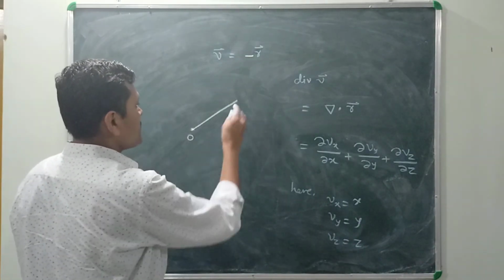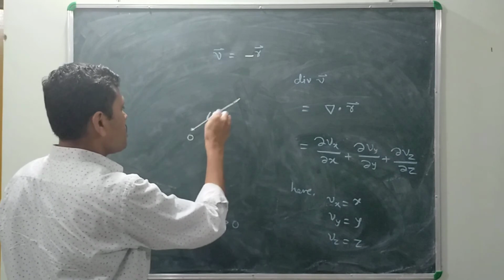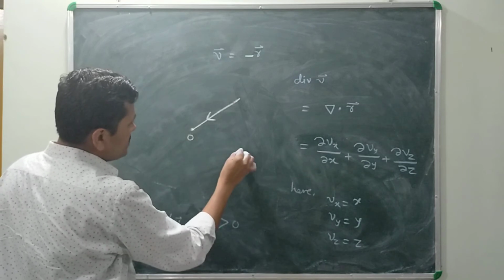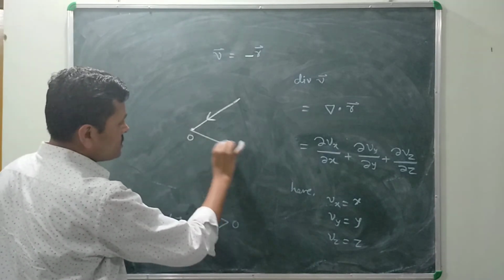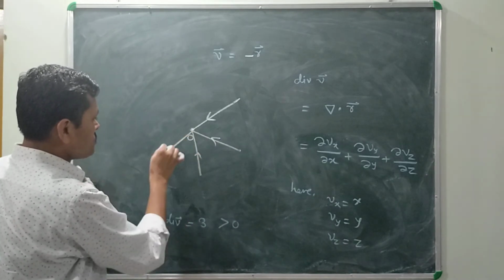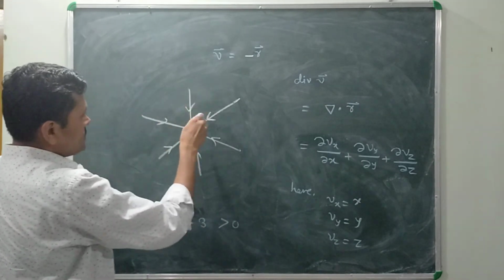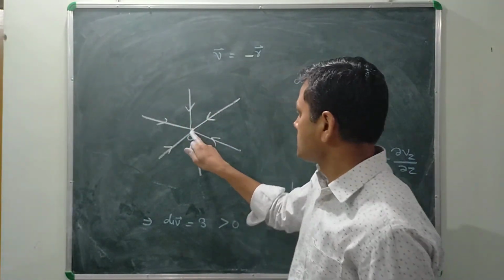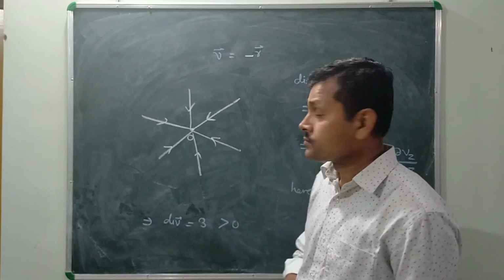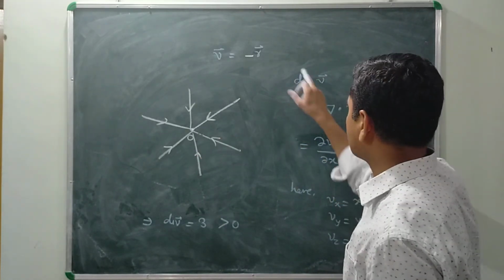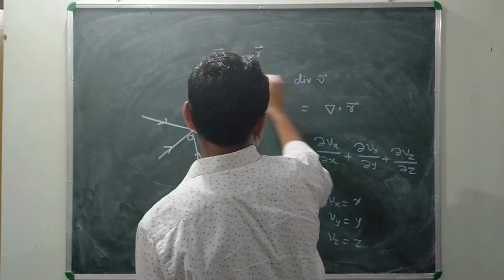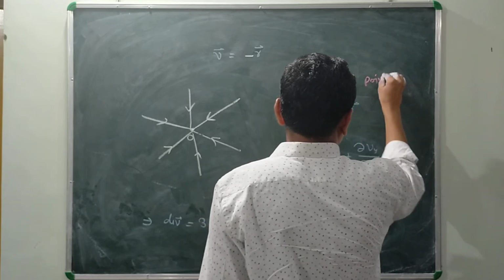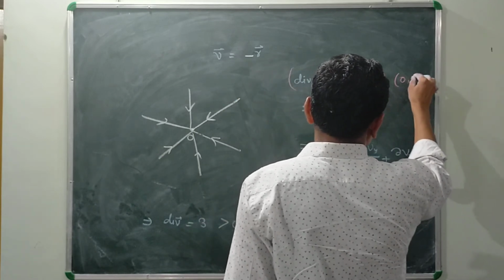This means the direction of this vector V is along this way. Similarly, if we consider another point, the direction will be here, and so on. This means there is convergence of the field lines at the origin. This is the point where we are calculating the divergence, at the point (0, 0, 0).